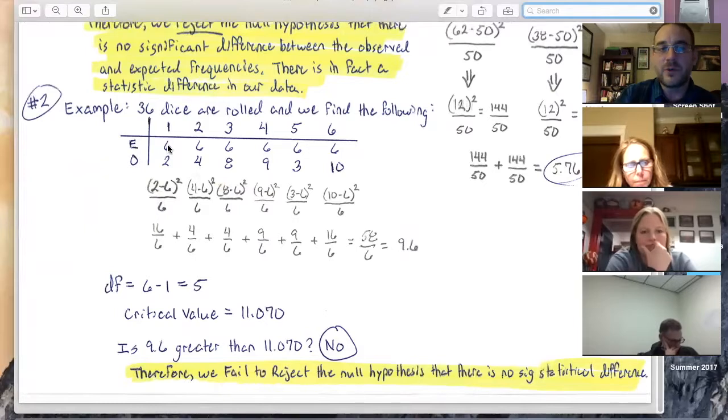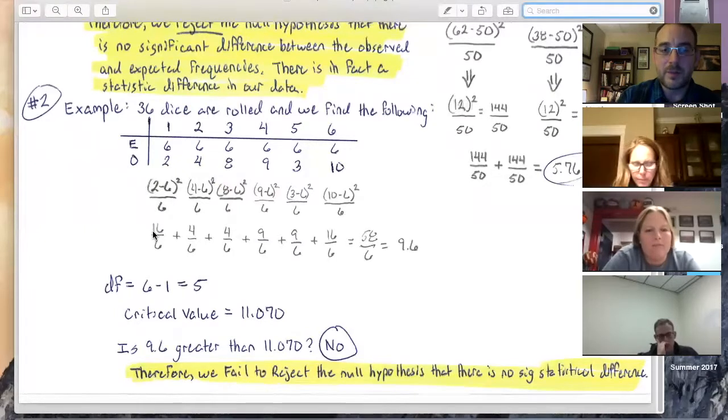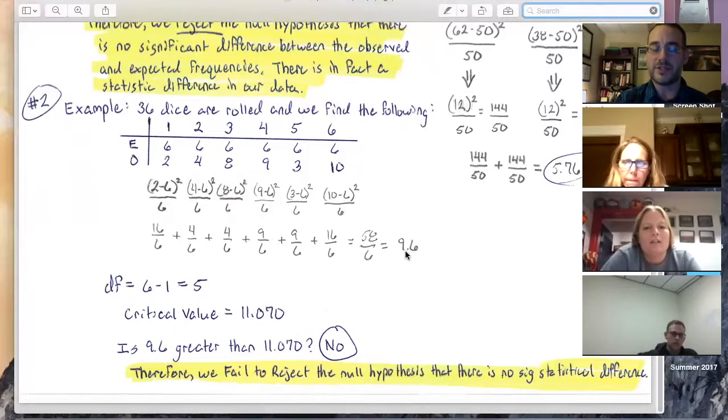So just for the ones, our observed is 2 minus 6. Square that value, divided by 6. So we should come up with 16 divided by 6. We do that for all of our observed values. And what we should come up with is 9.6. Our chi-square value that we came up with here should be 9.6.